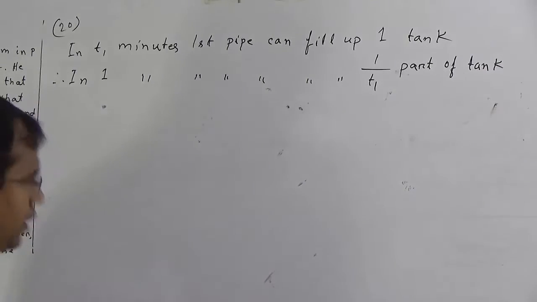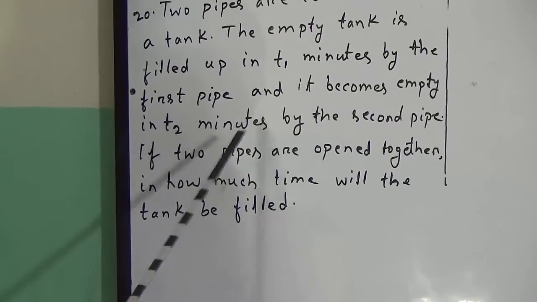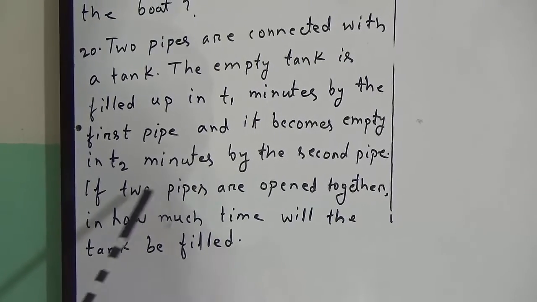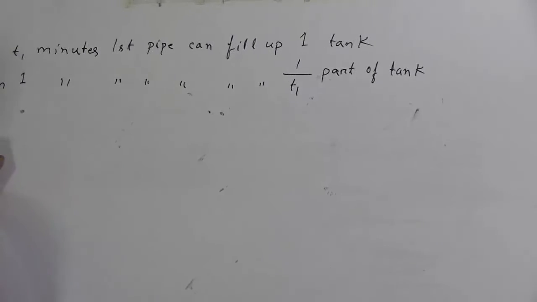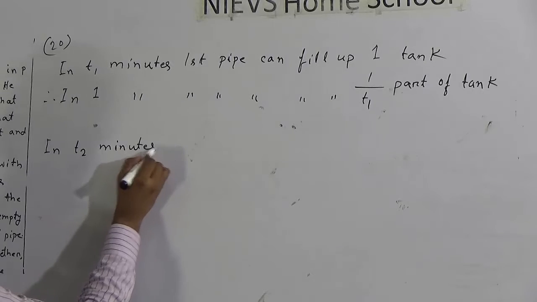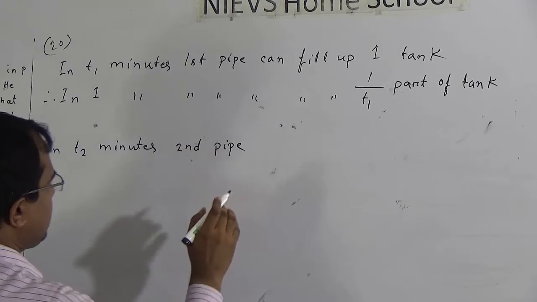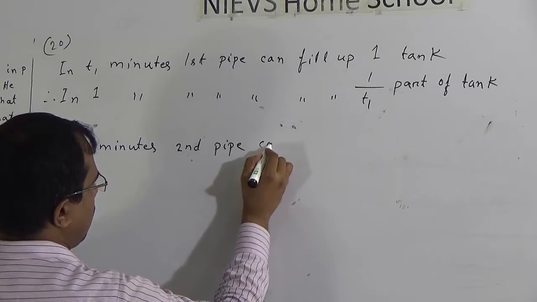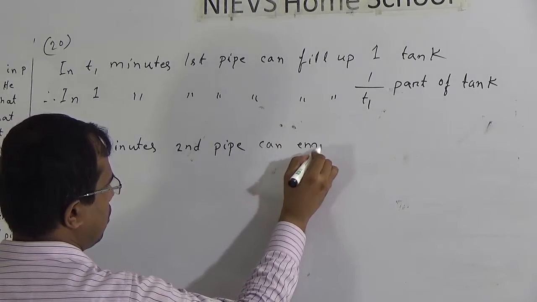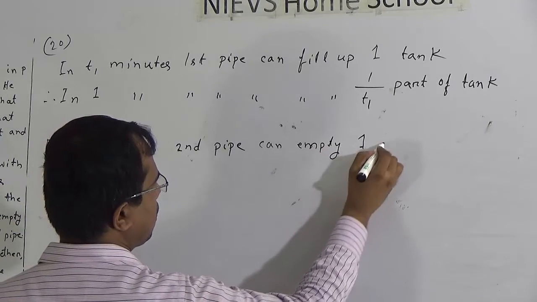Now, in case of the second pipe, it becomes empty in T2 minutes by the second pipe. In T2 minutes, the second pipe can empty one tank. We can write, in T2 minutes, second pipe can empty one tank.